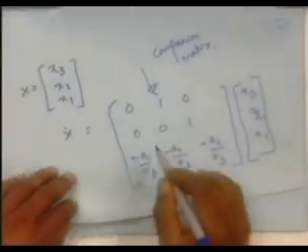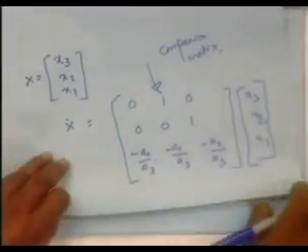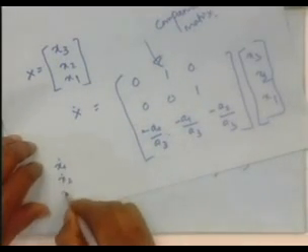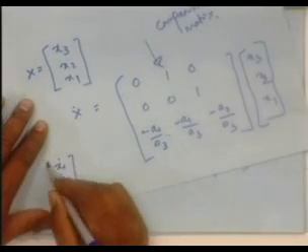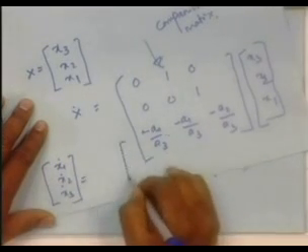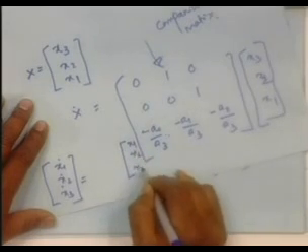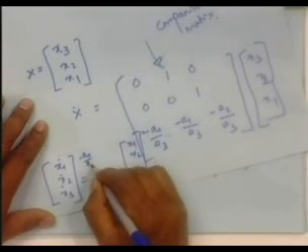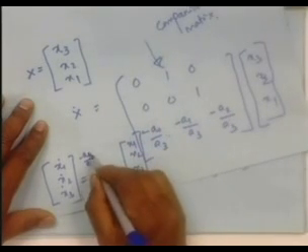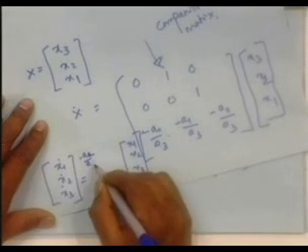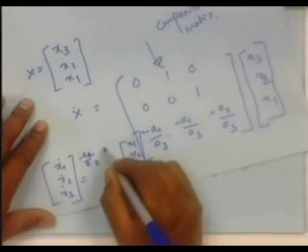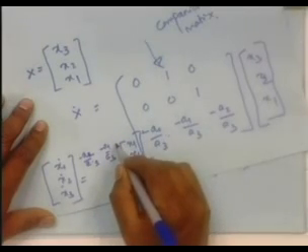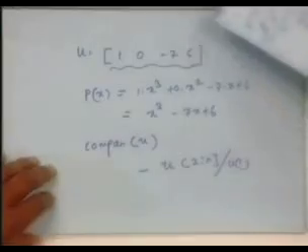If you write x1 dot, x2 dot and x3 dot, this whole row will be interchanged, so this will be minus a2 by a3, then minus a1 by a3, then minus a0.